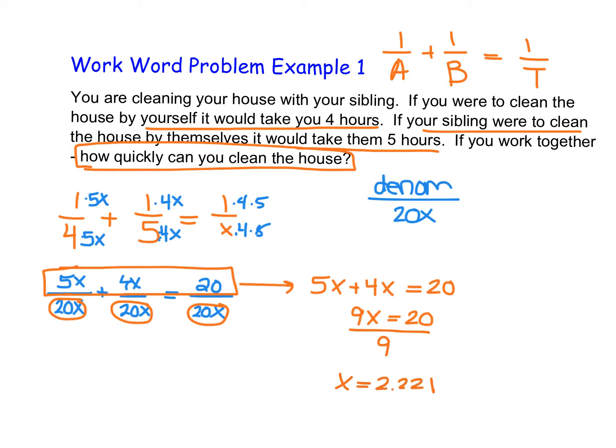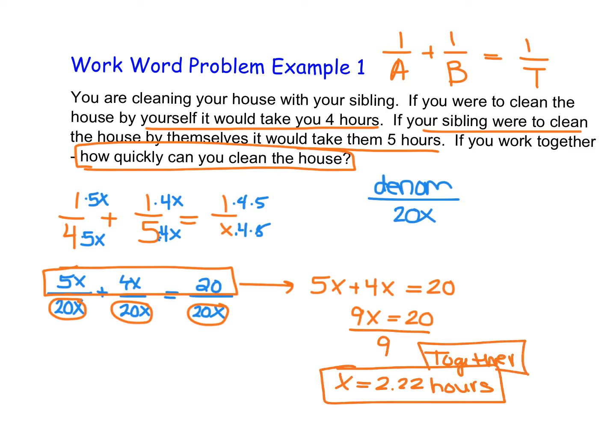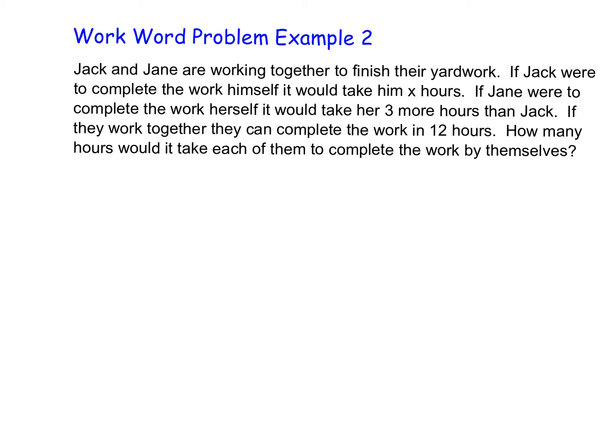This represents the number of hours it would take us to do this job together. So if my sibling and I were to complete this job together, it would take us 2.22 hours, which, if you think about the situation, given I can do it in 4 and my sibling can do it in 5, sounds about right. So let's take a look at this second example here.